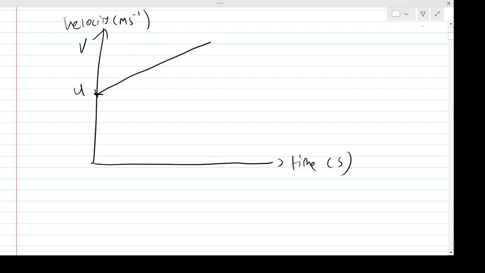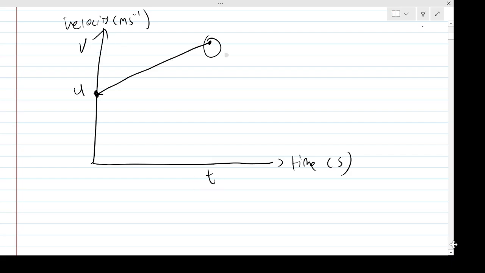So this is the starting point and this is the end point, and at the end point we're at time t. Okay, so it's pretty generic, right? Initially, I have the initial velocity u, and at the end I have the final velocity v, and this is in t seconds.